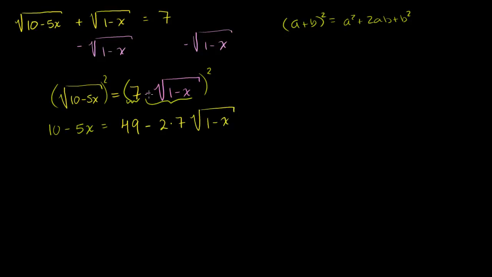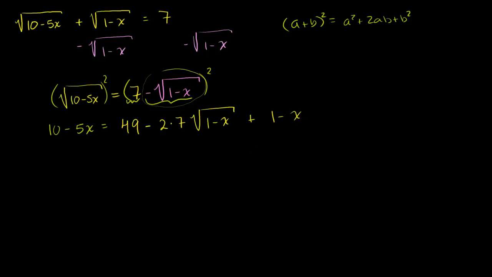We got the negative sign from that negative sign. The 7 is over there, the square root of 1 minus x is there, and 2 times it comes from taking the product when you square. And then finally, plus this guy squared. The negative part, negative 1 squared, just becomes positive. The square root of 1 minus x squared is just going to be 1 minus x.